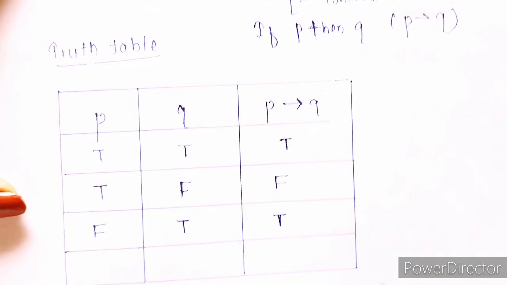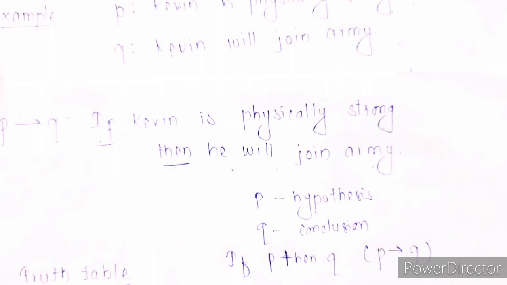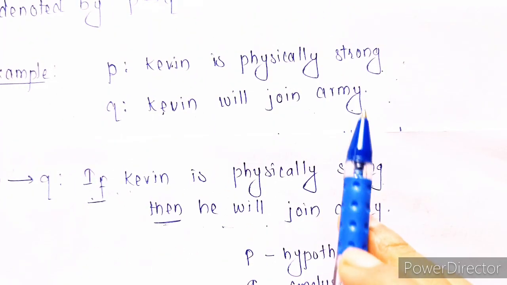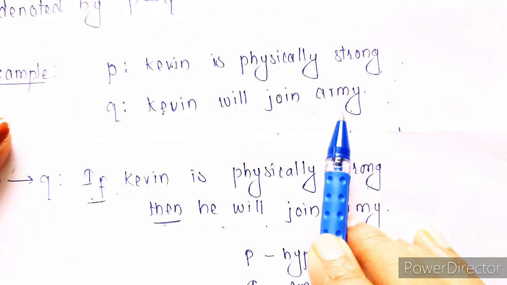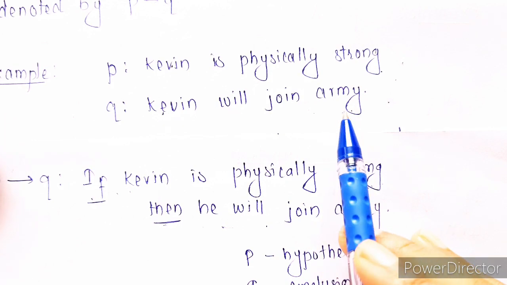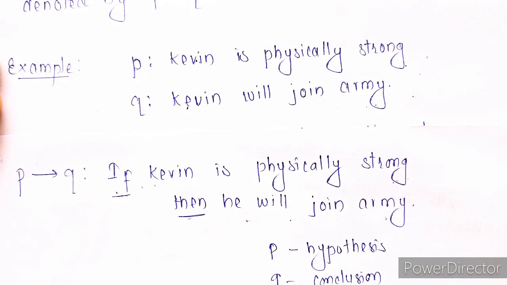Now, the last case: what if both are false? Kevin is physically strong is false, and Kevin will join army is also false. But again, same as the previous one, if the hypothesis itself is false, there is no point in discussing the conclusion.